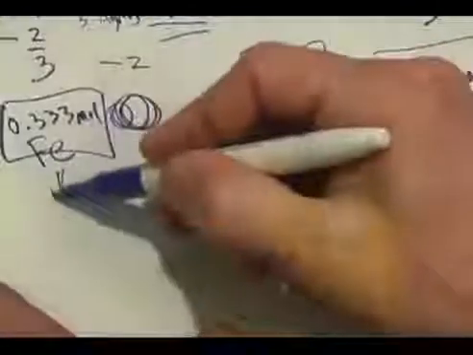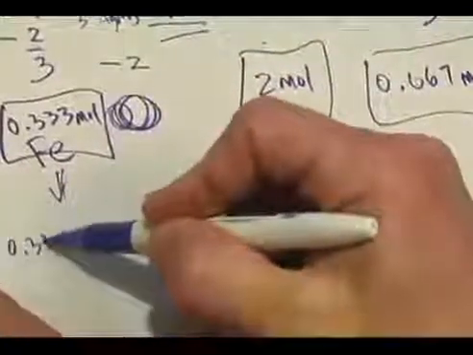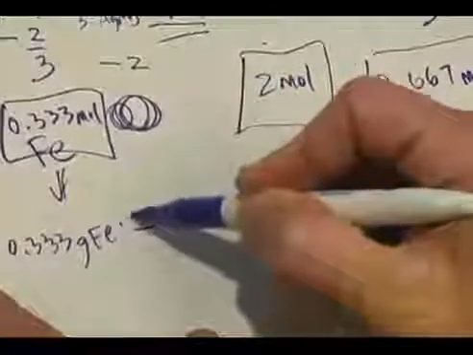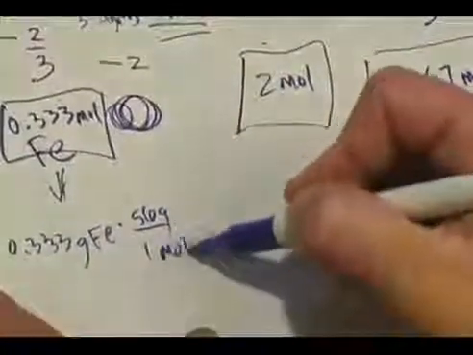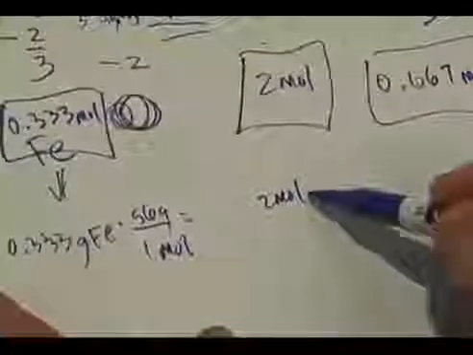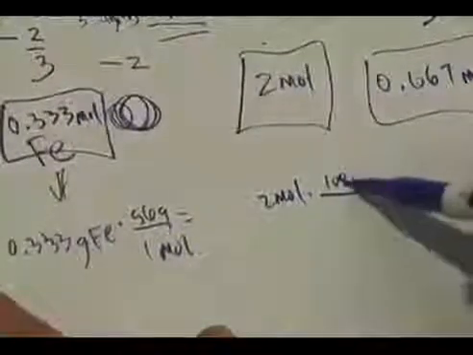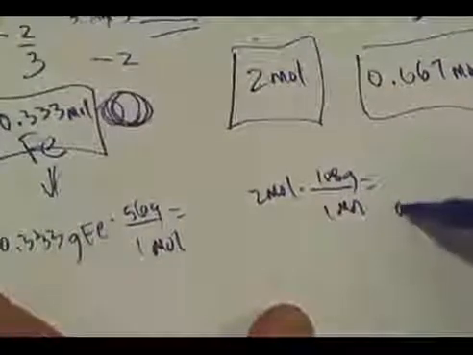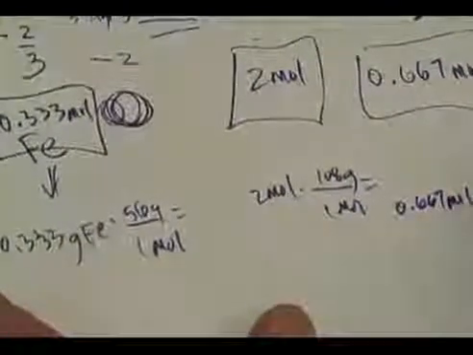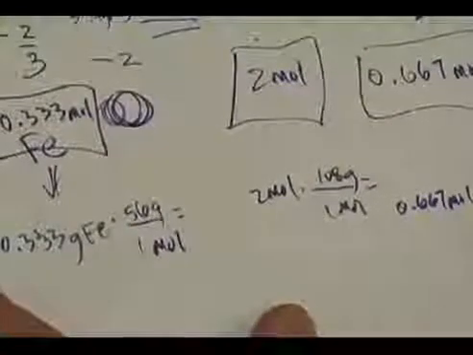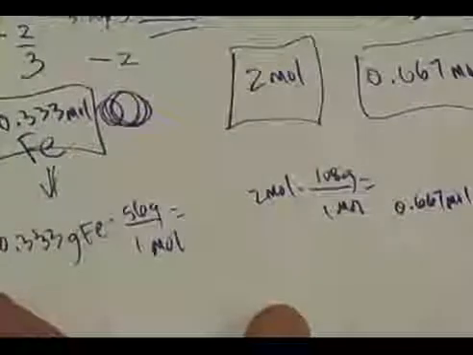So we need to take our iron and convert it to grams, 0.333 moles of iron, and there are approximately 56 grams in 1 mole. I've got 2 moles of silver that are produced, and there's about 108 grams in 1 mole here. And lastly, there's 0.667 moles of the iron nitrate. Oops, there's a 3 there, and let's see, I got to add that one up.